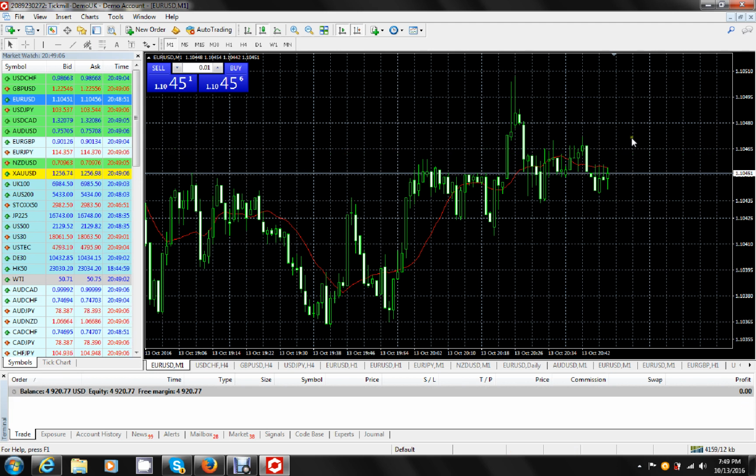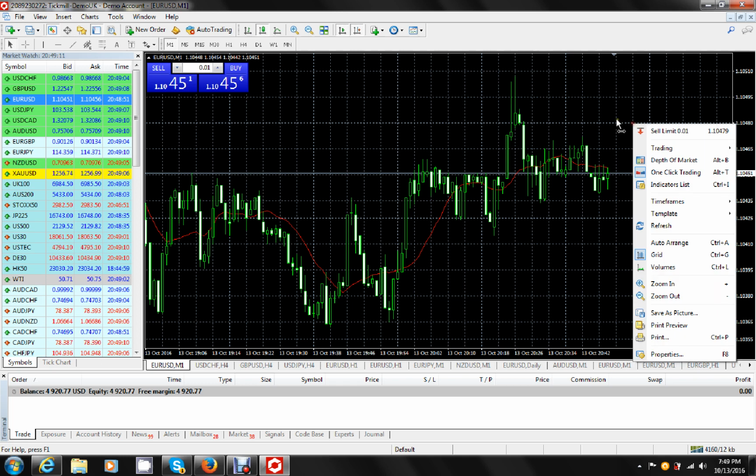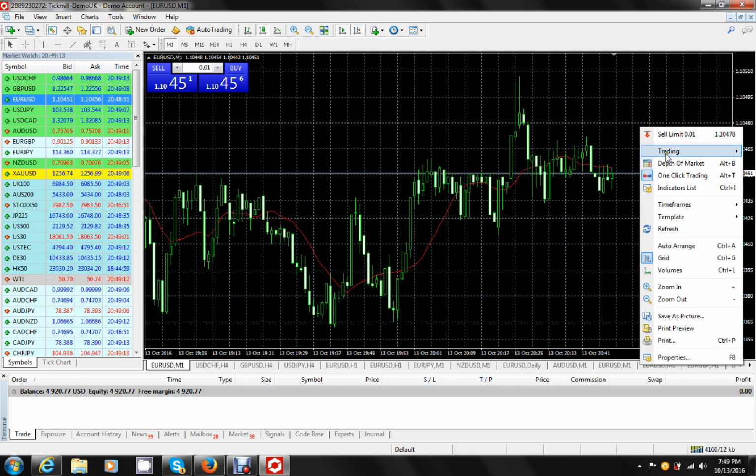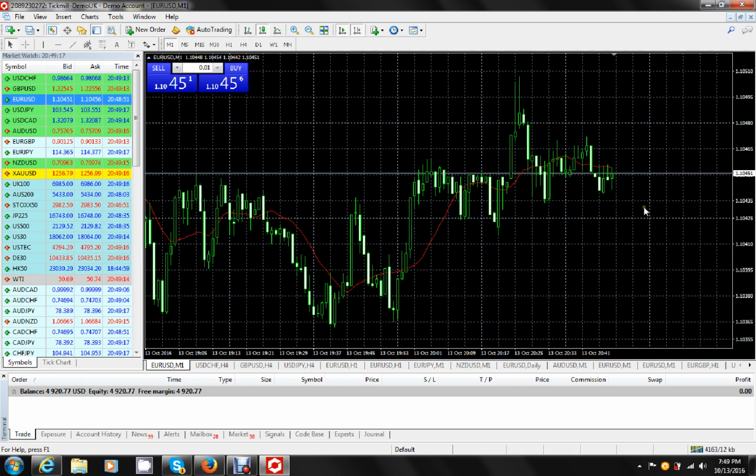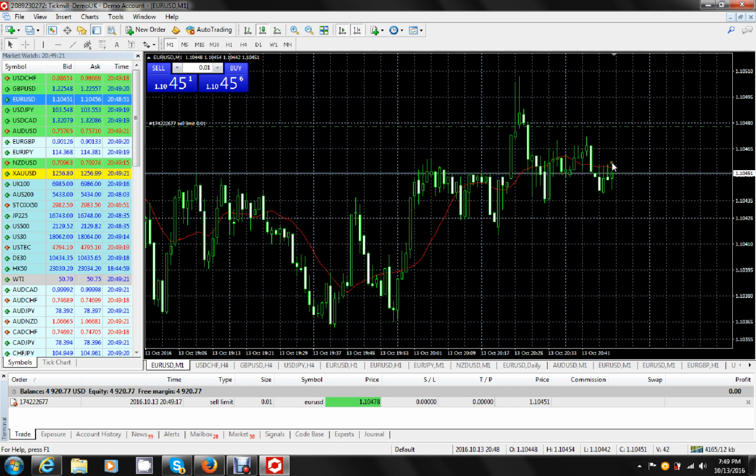Then when we press up again, this one we don't normally use, but just for you to know, you press the right button of the mouse, you go to trading, then you have what? Sell limit. Remember, that one was sell stop. Sell stop, you find it underneath. Sell limit means that if the price touches this, it's gonna trigger your sell.